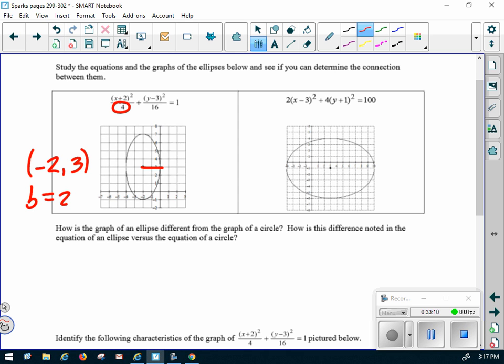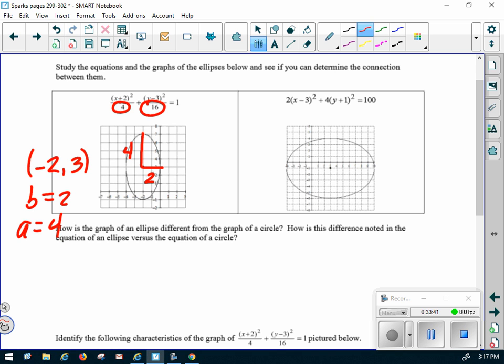It's a distance right there. And the square root of 16 is A. So A is the distance from the center to a vertex. So we know that this is 2 and we know that this is 4. We'll get there in a minute.